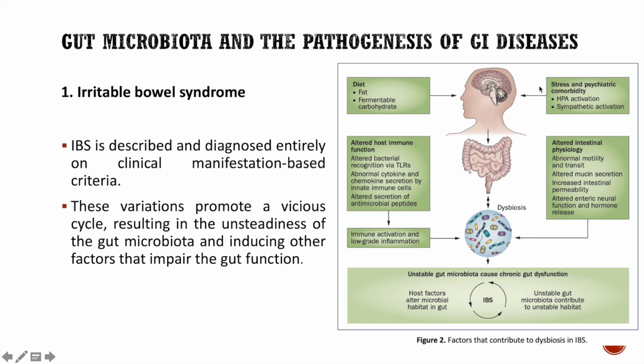Additionally, defects in innate immunity can result in impaired gut microbiota and induce an inflammatory condition. Together, the variations promote a vicious cycle: unstable gut microbiota causes chronic gut dysfunction.